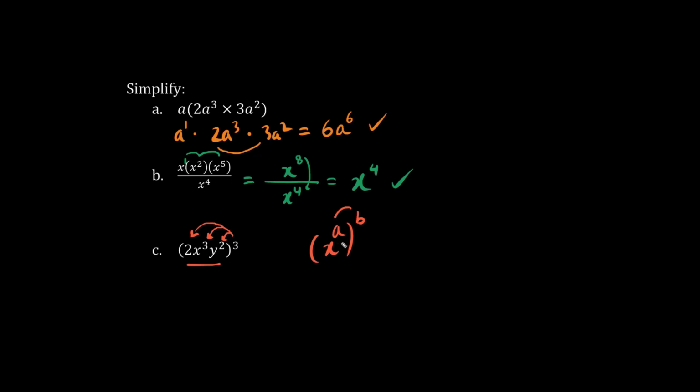We don't add, we multiply. So we have 2 cubed. So now we have x cubed to the exponent 3, in which we multiply the exponents. 3 times 3 is 9. And now we have base y, and here we have 2 times 3 is 6. What is 2 cubed? It's 8. So the answer is 8x^9 y^6.